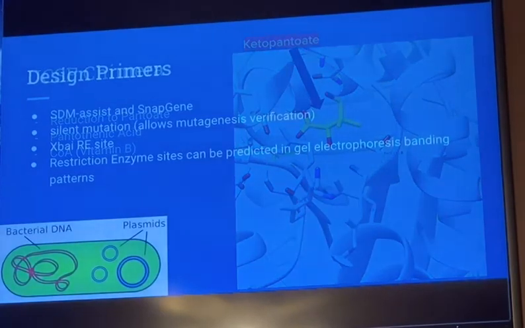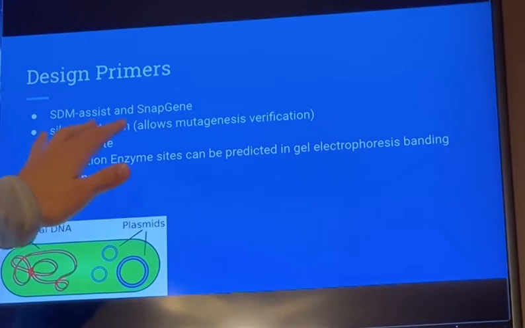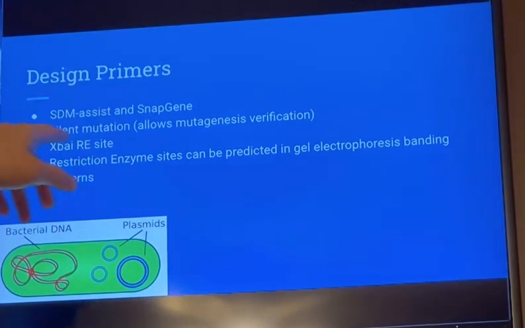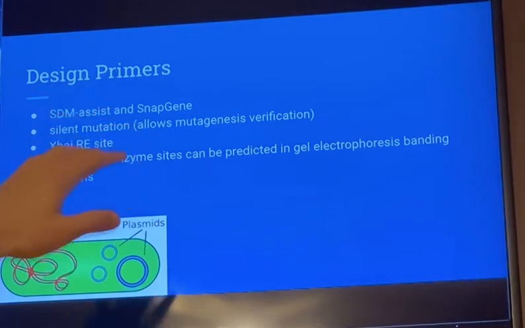But after we find a mutation, such as phenylalanine to aspartic acid, we will design primers. This is used with SDM Assist and SnapGene, and we'll design primers through SDM Assist. We'll have a base sequence that we'll add to it, and then we can pick the exact mutation we want.